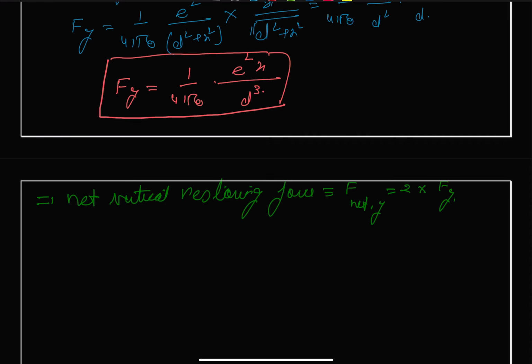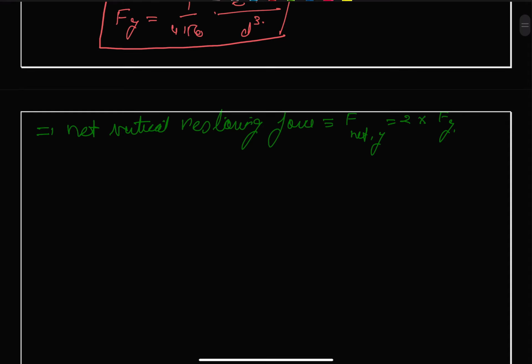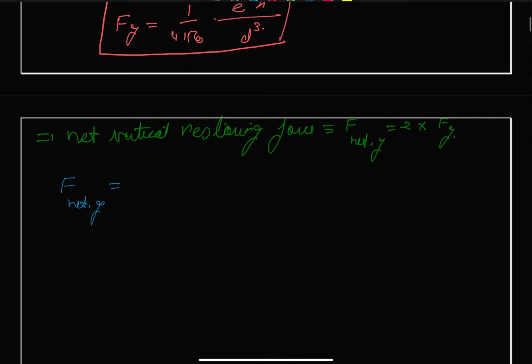So we substitute F of y, we get F net along y axis equal to 2 times 1 upon 4 pi epsilon naught e square x upon d cube, and here 4 goes by 2, so we are left with 1 upon 2 pi epsilon naught e square upon d cube, multiplied by x.